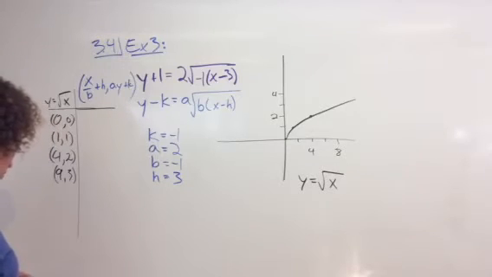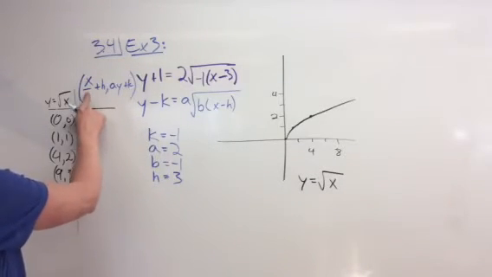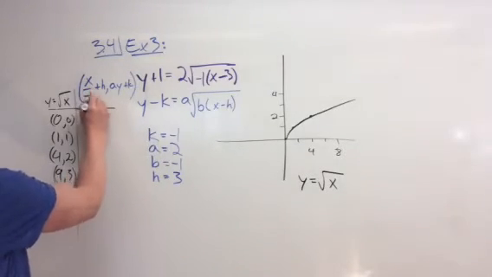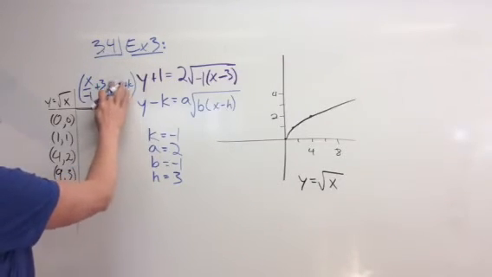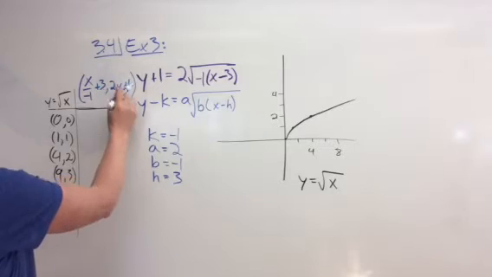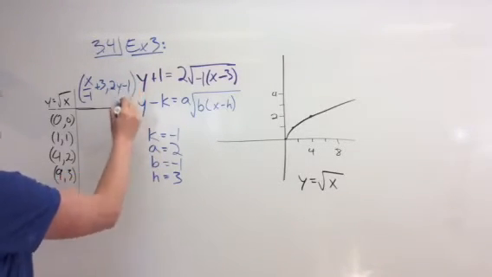So we just plug in these values. B is -1, h is 3, a is 2, and k is -1, so it's going to be 2y minus 1.